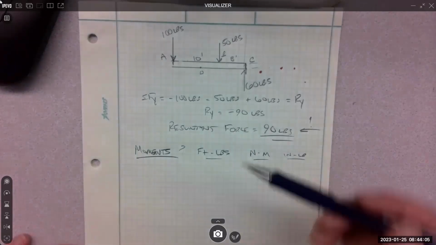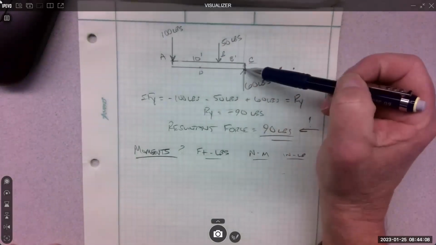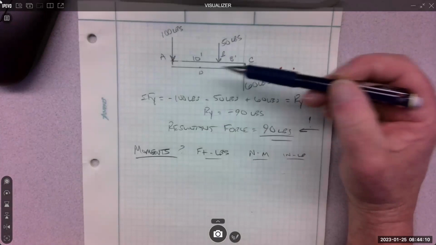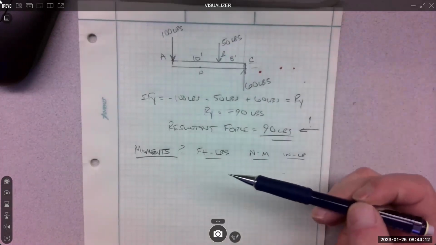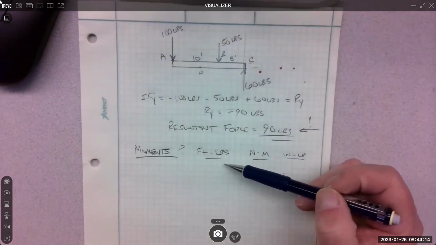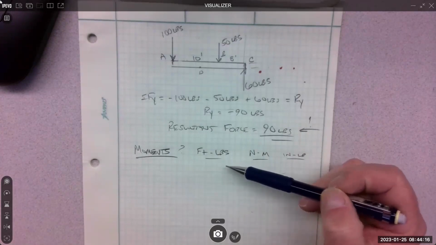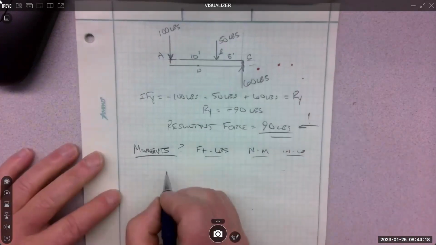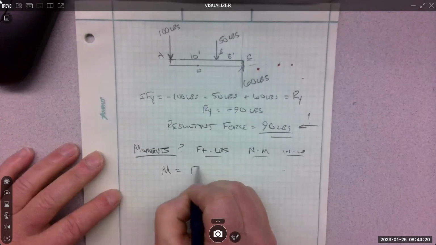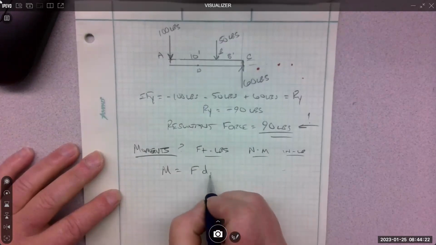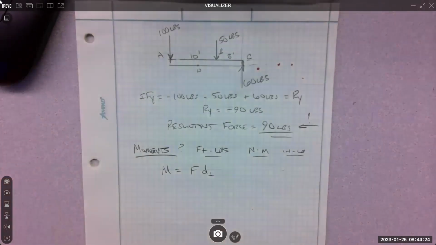So what happens is these forces are creating a rotation about different points. Moments are always about a single point, and it has to be chosen for you to know what the moment is. The moment equation is force times distance, super easy. And I write perpendicular distance, because it's the force times the perpendicular distance to the point.